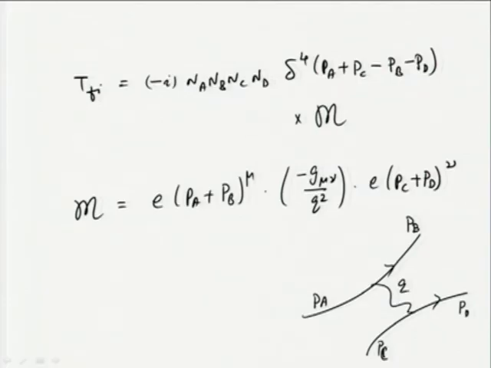When you actually put it in the cross section, as we will do in a moment in the next class, and try to find the number of particles which are coming out, etc., then we will have to integrate it over the momenta.